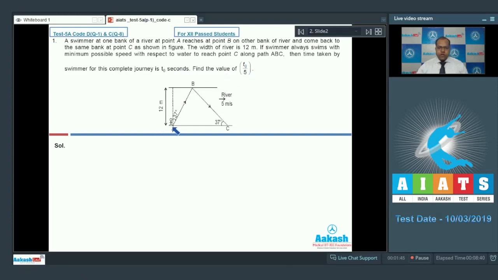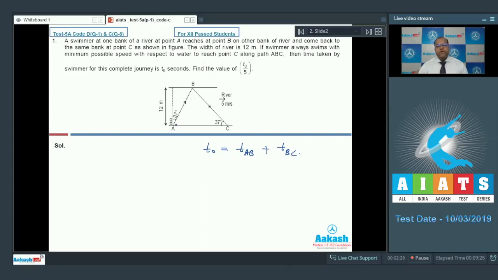So in the given question, the value of T0 is equal to the time taken from A to B plus the time taken from B to C. It is given in the question that the swimmer always swims with minimum possible speed with respect to water.